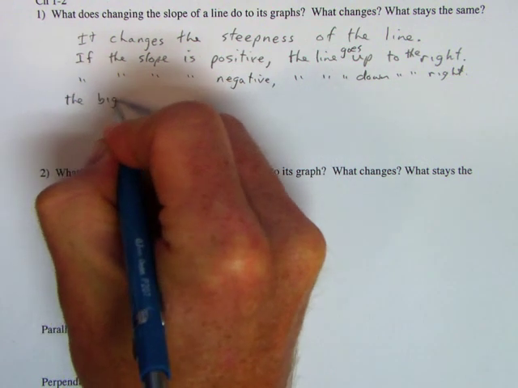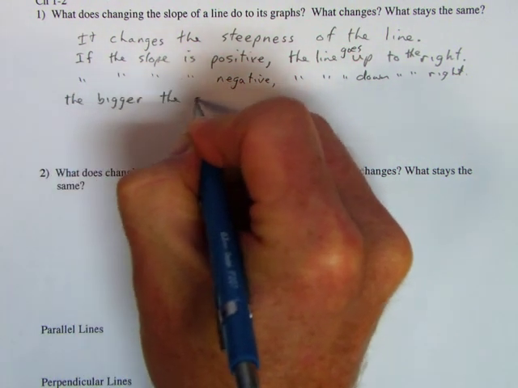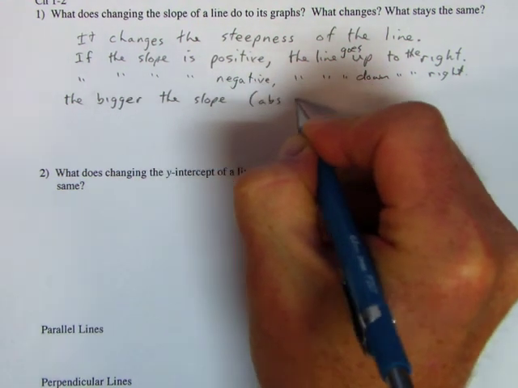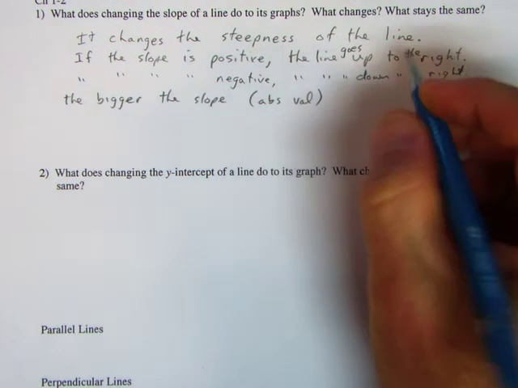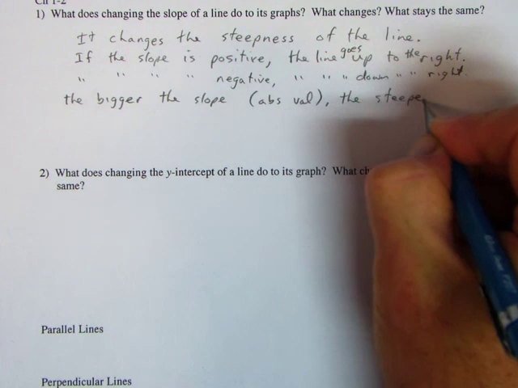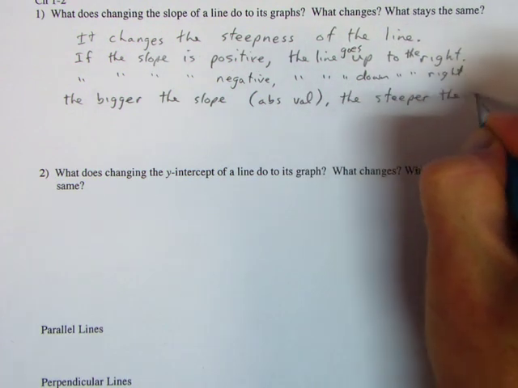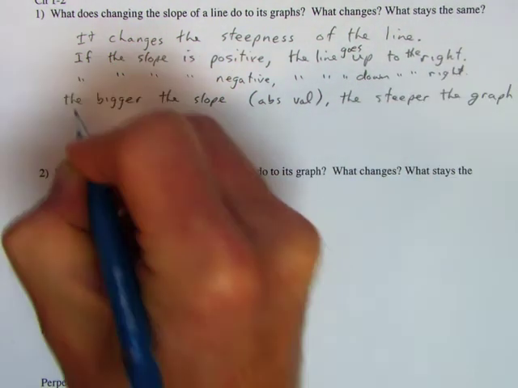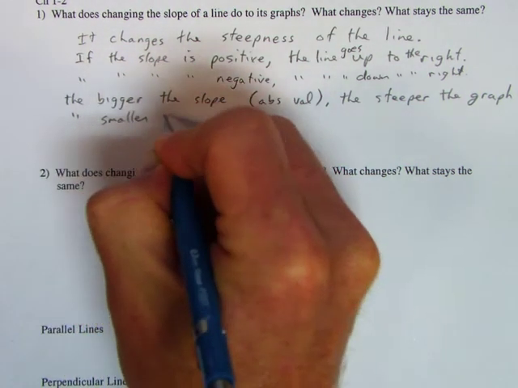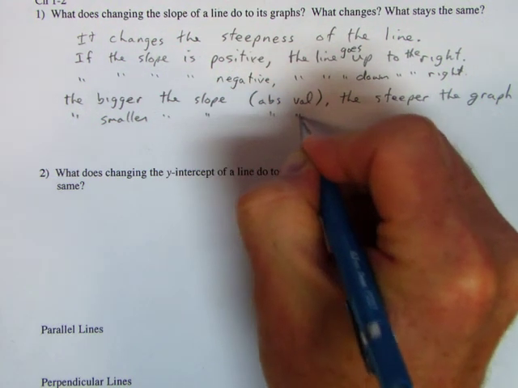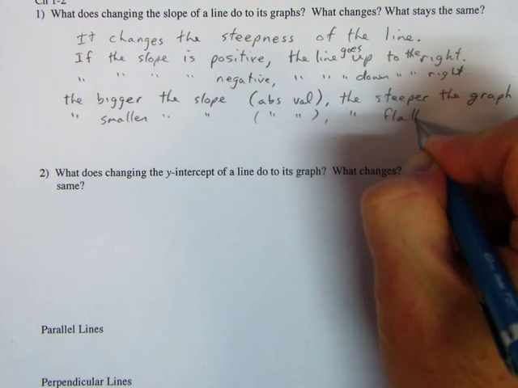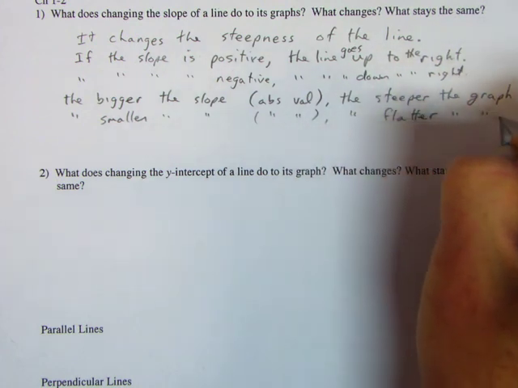The bigger the slope, and I'll just put in here parentheses absolute value when we're thinking about that, the steeper the graph. And the smaller the slope, again we're going to deal with that absolute value, the flatter the graph.